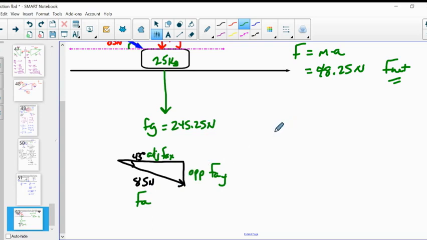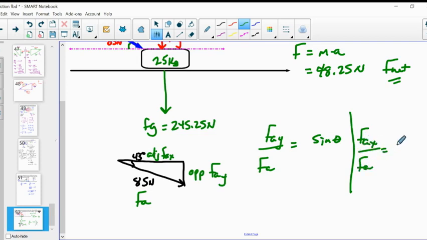We know that our opposite, which is our FAY, divided by our hypotenuse, is our sine of theta. We also know that our adjacent divided by our hypotenuse is my cosine of theta. So that's pretty good. So now we can quickly and easily find our FAY is FA times sine theta.